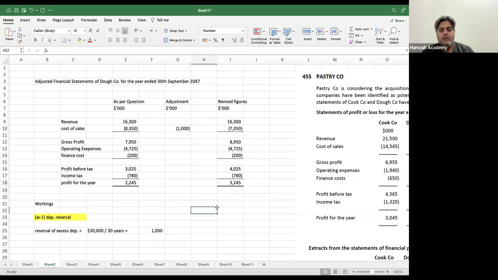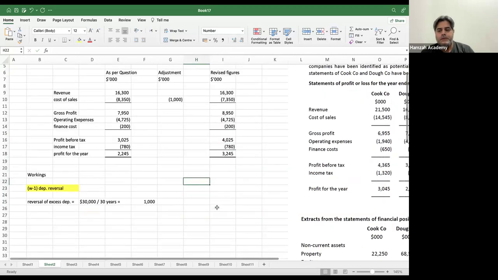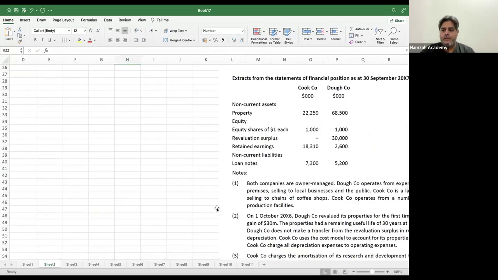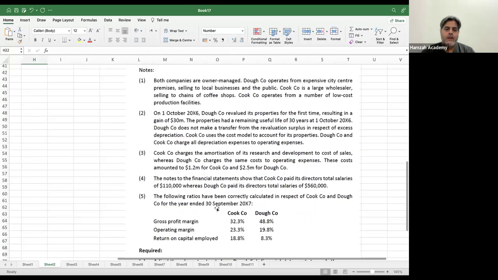Now, moving ahead from here, point number 2: Cook company charges the amortization of its research and development to cost of sales, whereas Dow company charges the same to operating expenses.